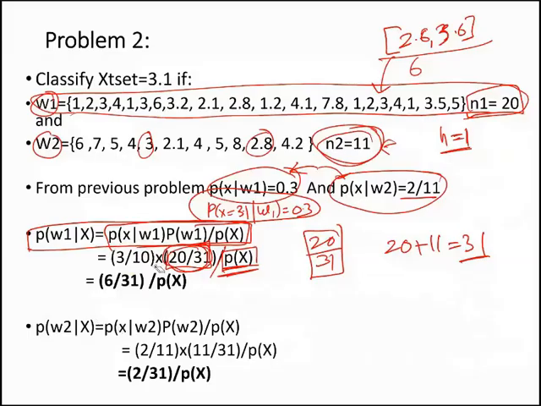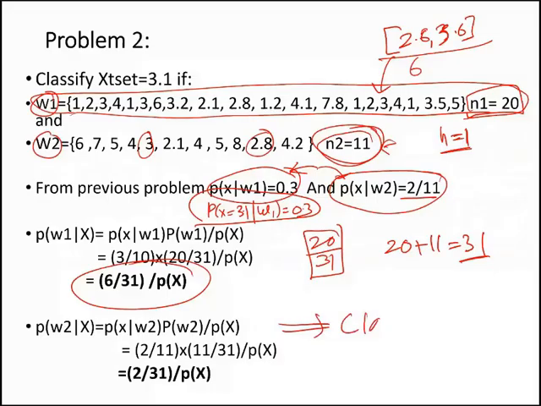So which one is bigger? So we are using Bayes, so we will go with maximum probability. So obviously my answer is class 1. So I should declare that X test belongs to class 1. That is my answer.